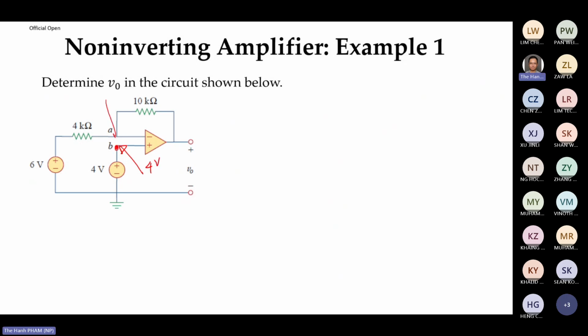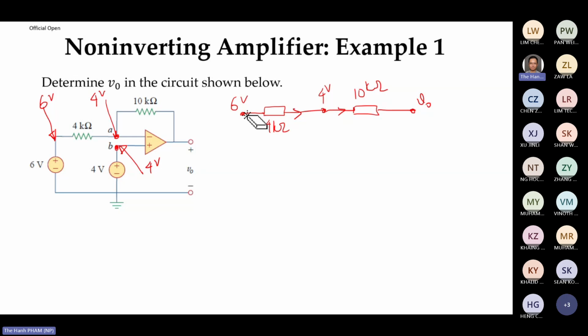And at this point, you should also have 4 volts, right? And at this point, you have 6 volts, right? So again, here you have 6 volts. Here you have 4K. Here you have 4 volts. Here you have 10K. Here you have Vo.